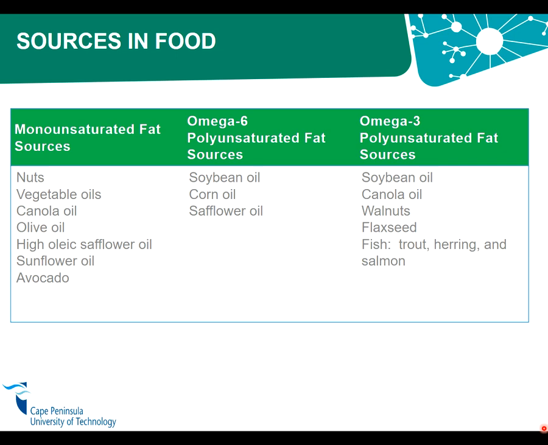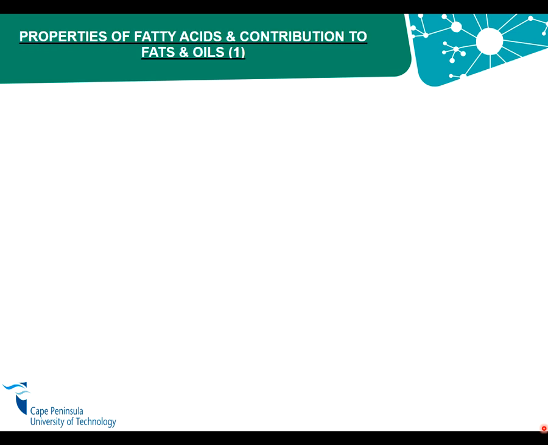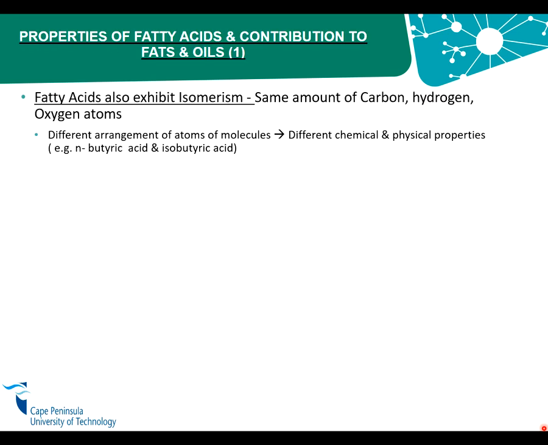Now that we know a little bit about the building blocks for fats and oils, and the sources of these fatty acids, let us look at the properties of fatty acids and their contribution to fats and oils. Fatty acids also exhibit what we call isomerism. By isomerism we mean the molecule has the same amount of carbon, hydrogen, and oxygen atoms, but a different arrangement of atoms.